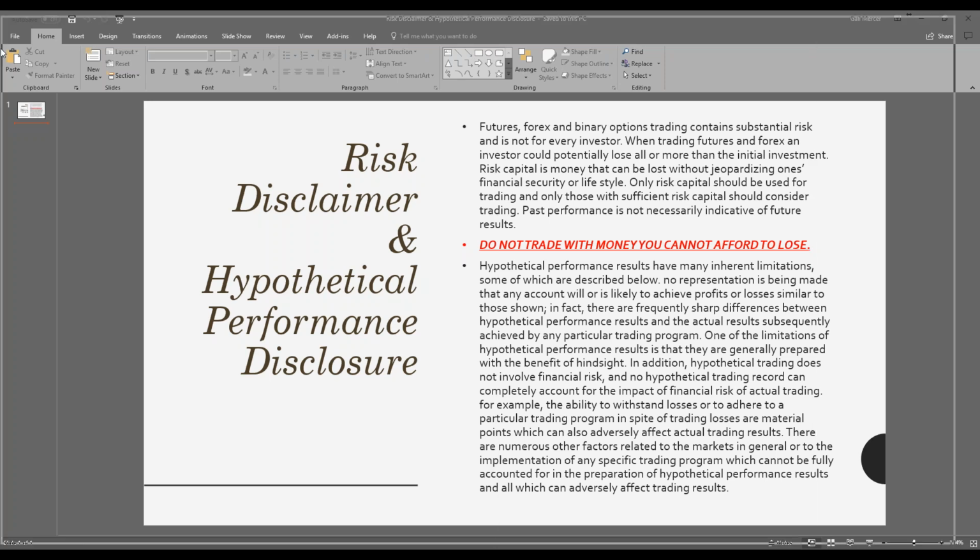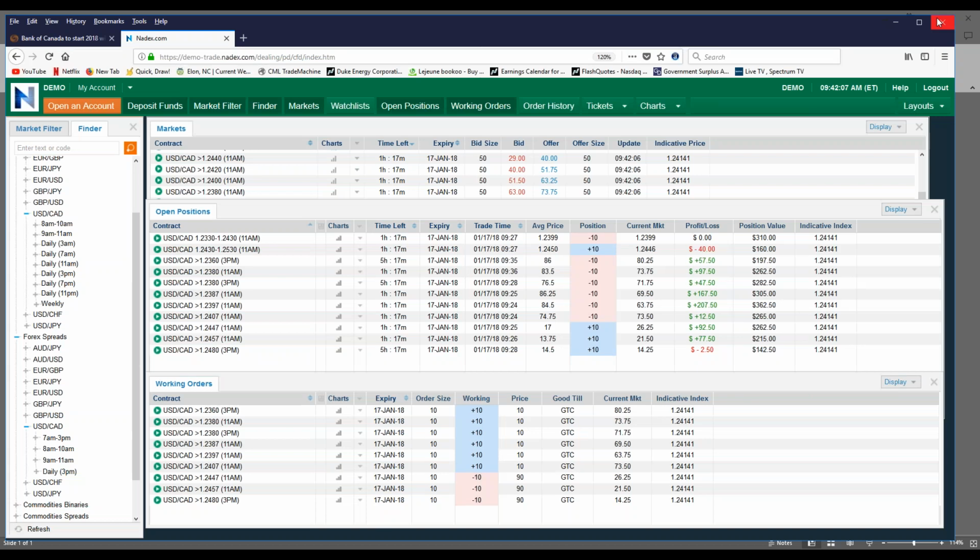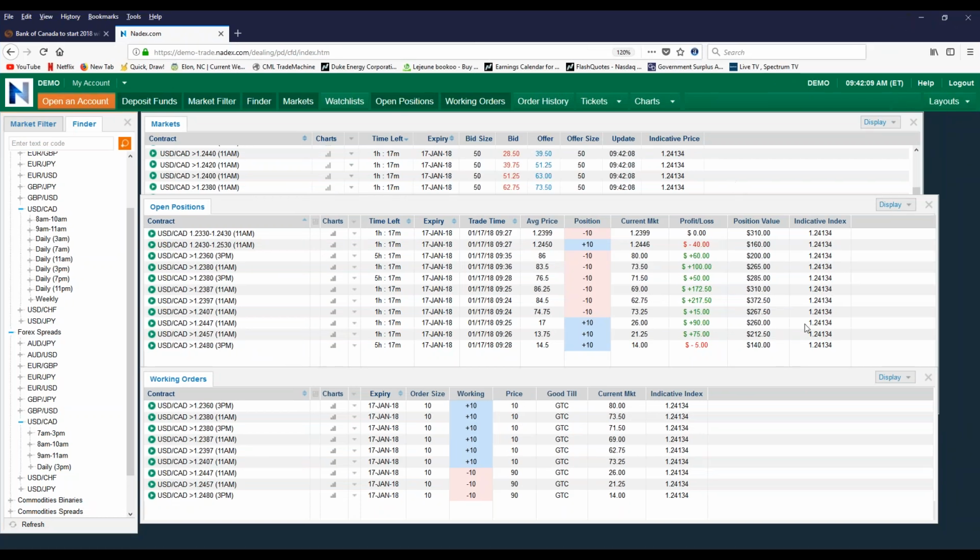Now, these are the trades that I have on. Now, you can see the premiums are really going from one extreme to the other. You can see I've got 3 long positions down here in a long spread. Okay, look at the risk on these.